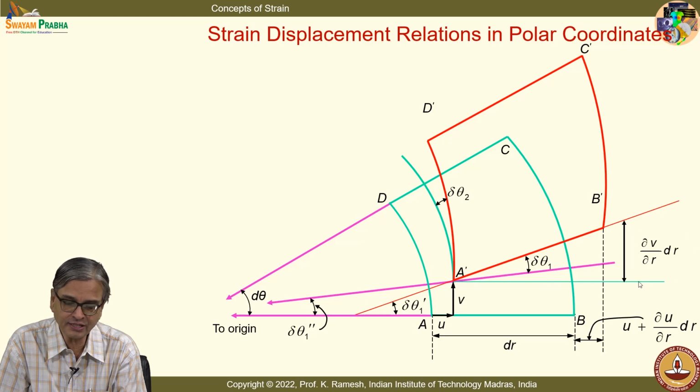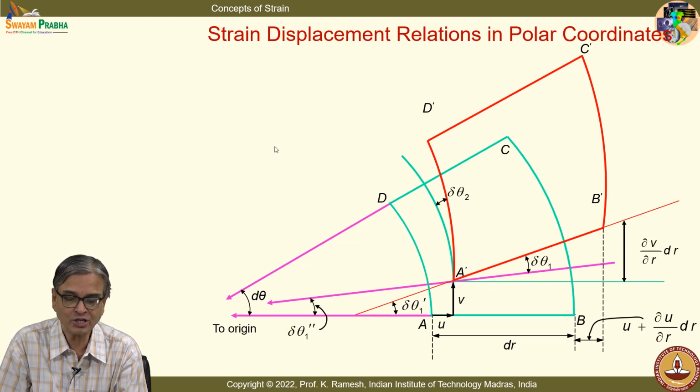And if I know this, I can find out what this angle is. Delta theta 1 prime I can easily find out. Once you have understood this, the same logic extends to the other positions.